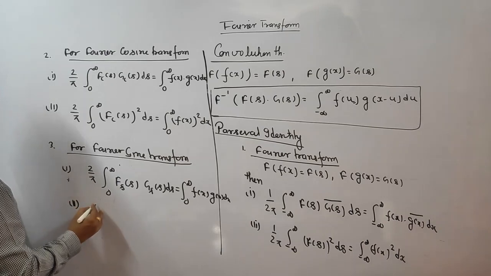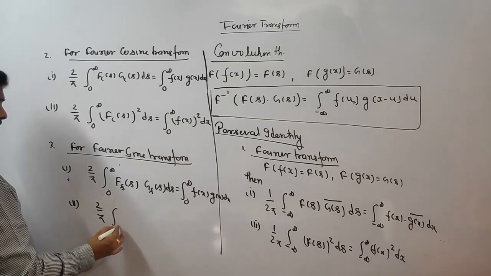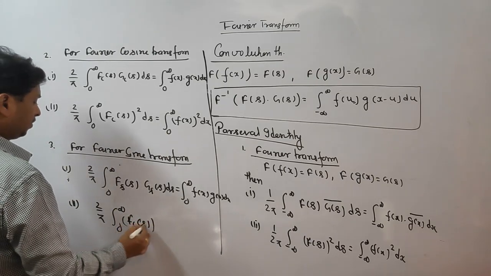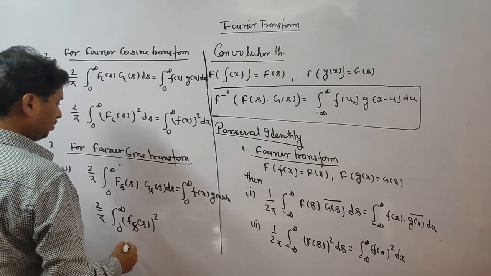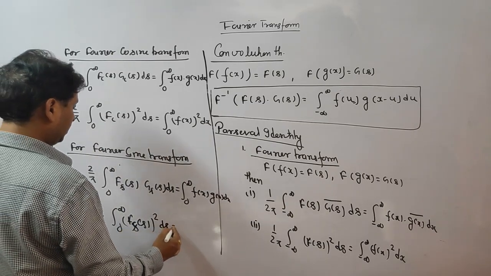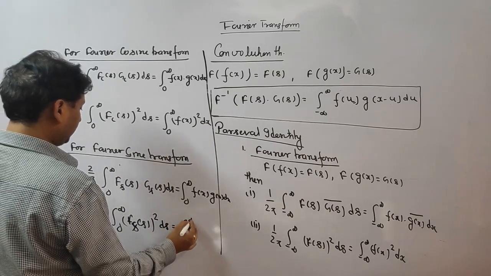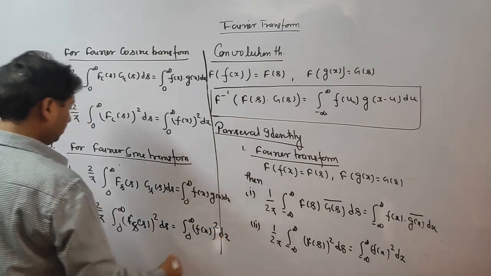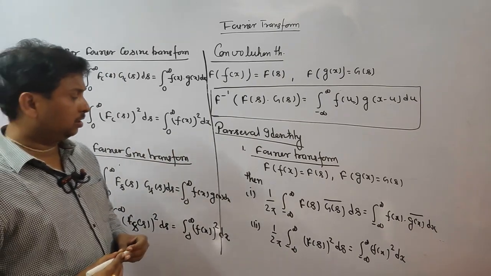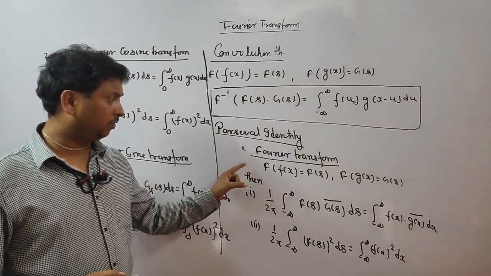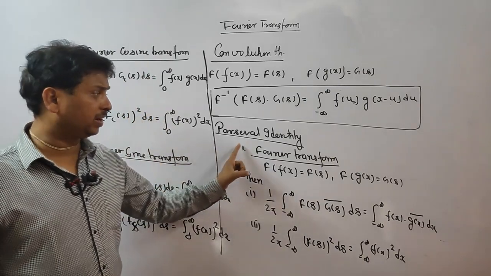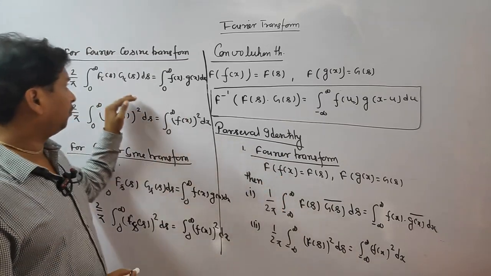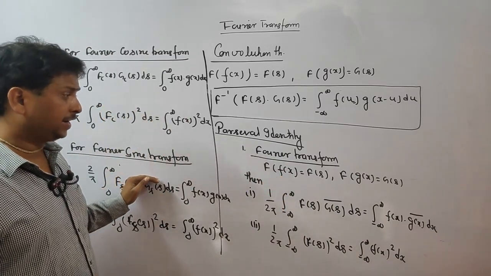And second, 2 upon pi, integral from 0 to infinity of Fs(s) whole square ds is the integral from 0 to infinity of f(x) whole square dx. So my friends, these first, second and third are the Parseval identities for the Fourier transform. This one is just for the Fourier transform, this is for the Fourier cosine, and this is the Fourier sine transform.